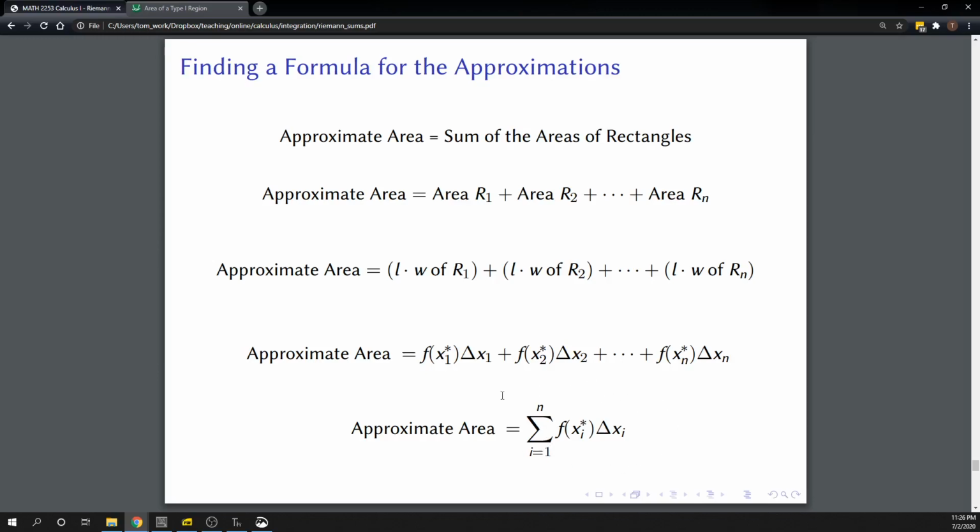So that's where that notation is reminiscent of. Okay, so that's our approximation formula. In the next video, I'm going to show you an example of how to use this approximation formula to get an approximation. So make sure you take a look at that because that will definitely be on the quiz for this section.